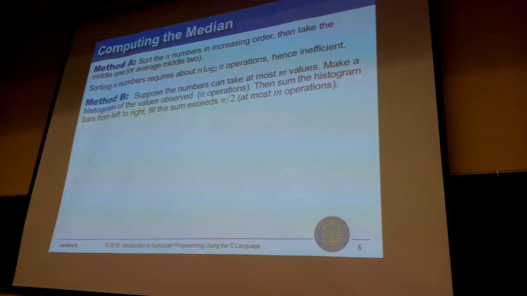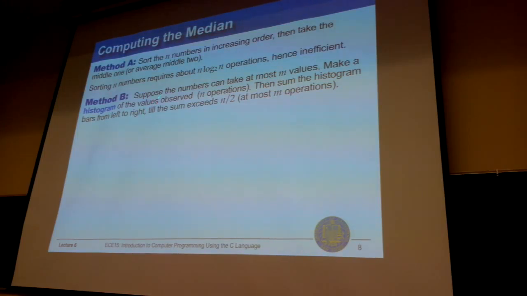Making that histogram takes n operations, one per element input. Then we sum the histogram from left to right until the sum exceeds n over 2. Once we hit that point, we know where the median is. That summing takes at most m operations, so in certain cases the second method can be more efficient. That's why there are two methods one would consider.